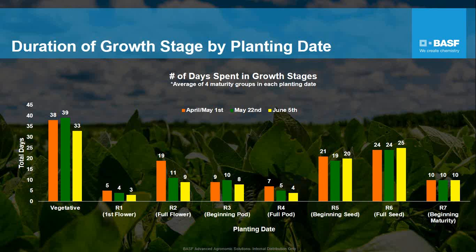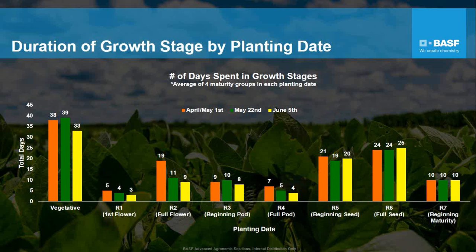So based on that information, what we would believe is that if we planted in late May or early June, we would spend much fewer days in vegetative growth than if we planted, say, April 17th or May 1st. Because, again, we're pushing that closer to the longest day of the year, the summer solstice. You would expect it would take less time for you to get into flowering if we believed what we historically know.